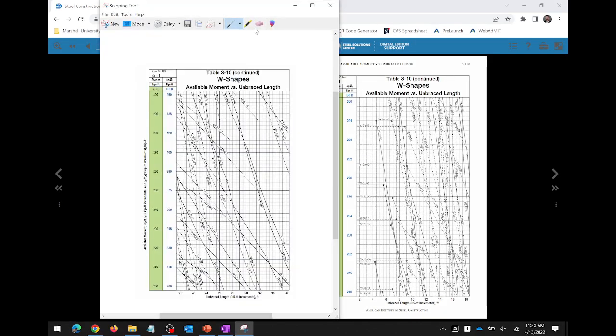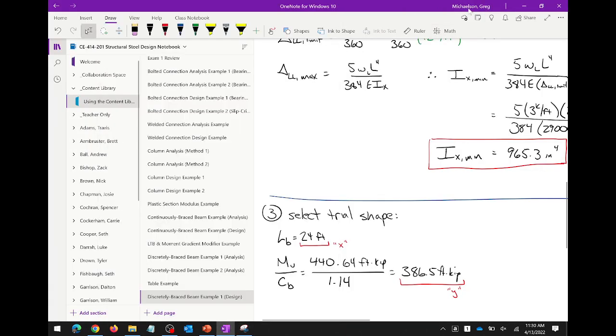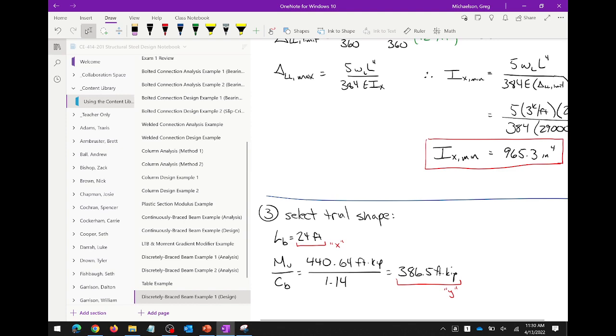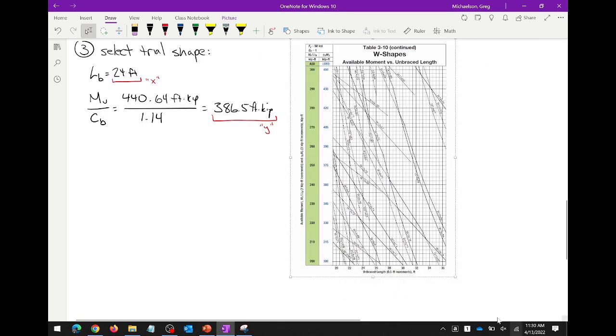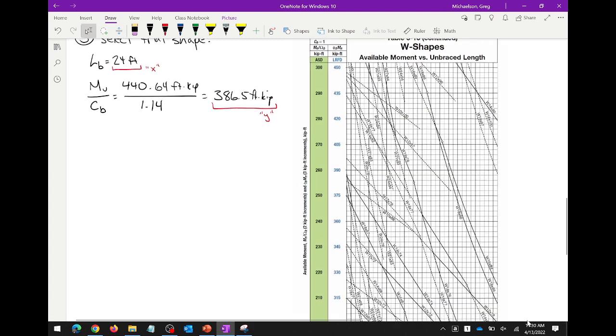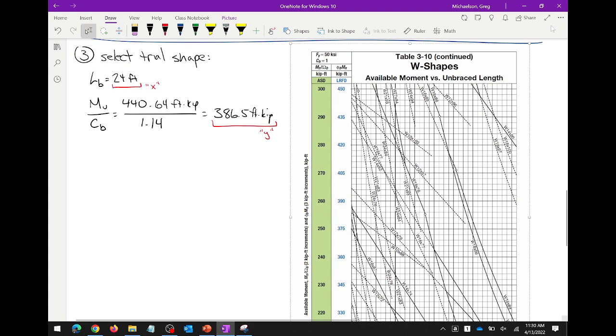So that's the one that we're using. So there's the page, right? I'll make this kind of big so everybody can see it.